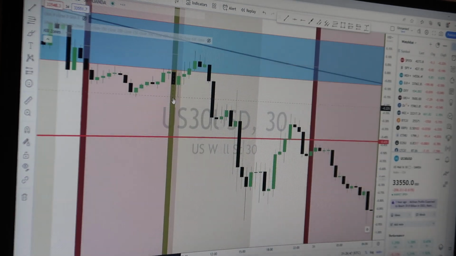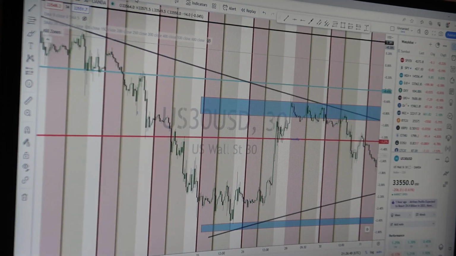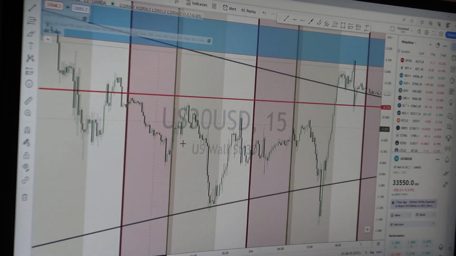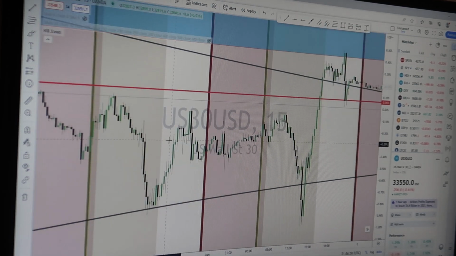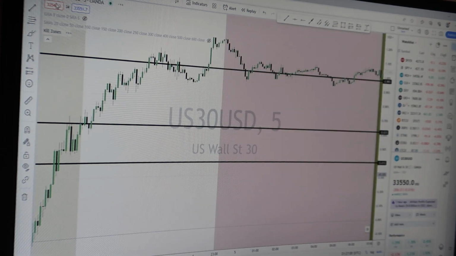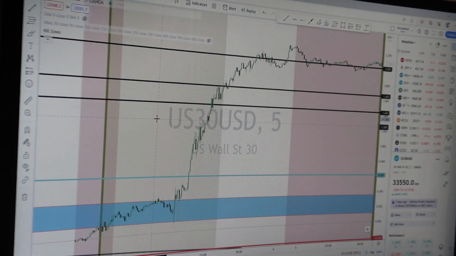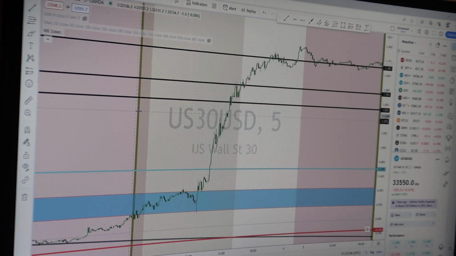And you can utilize them in the smaller time frames. 30 minutes and 15 I like to utilize them more, to see where we're having the most movement. So very simple. That's going to show you the time zones. Obviously where you see these dark lines, that's when the time zone starts.